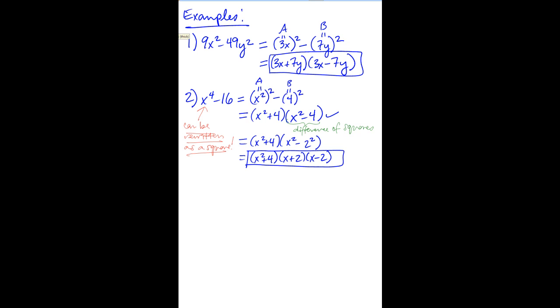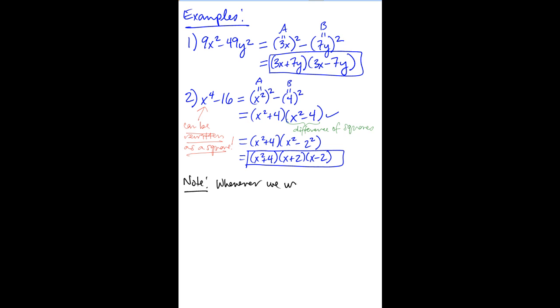So, something we may want to note. Whenever we have a polynomial that has only 2 terms, and we're trying to factor it, it makes sense to look and see, is it a difference of squares? Because you notice difference of squares always has 2 terms. So that's a good thing to check.